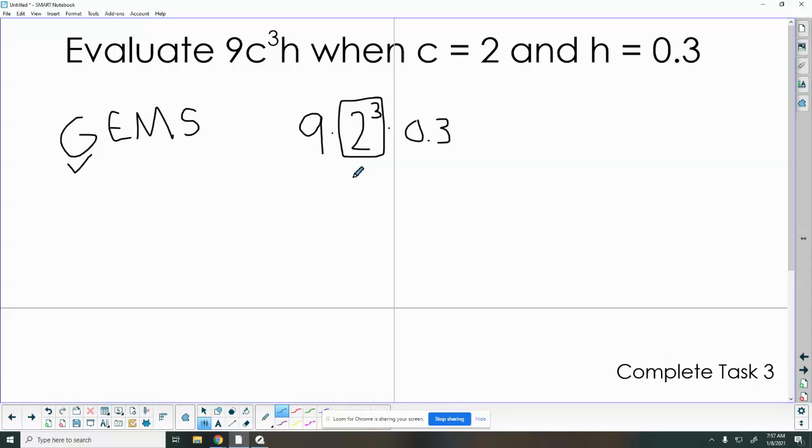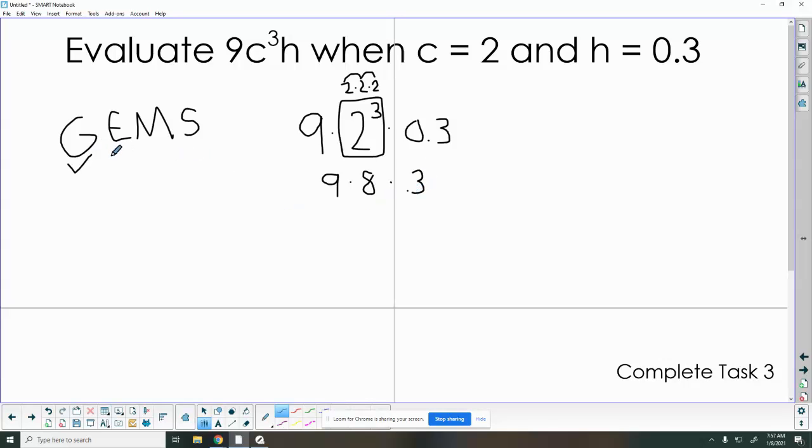We have 2 three times. See if you can write that down. So this means 2 times 2 times 2. So 2 times 2 is 4, times 2 is 8. So this becomes 8, and we bring everything else down.